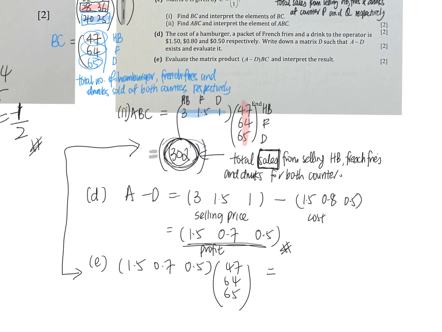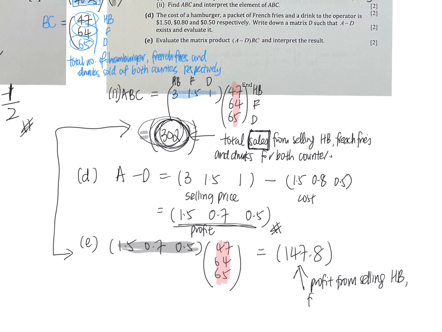Just now I was finding sales. Now when I multiply with this, no, not cost. Profit. So this is actually the profit from selling hamburgers, French fries, and drinks. Okay, from both counters. Again, this one, no respectively because you already told.